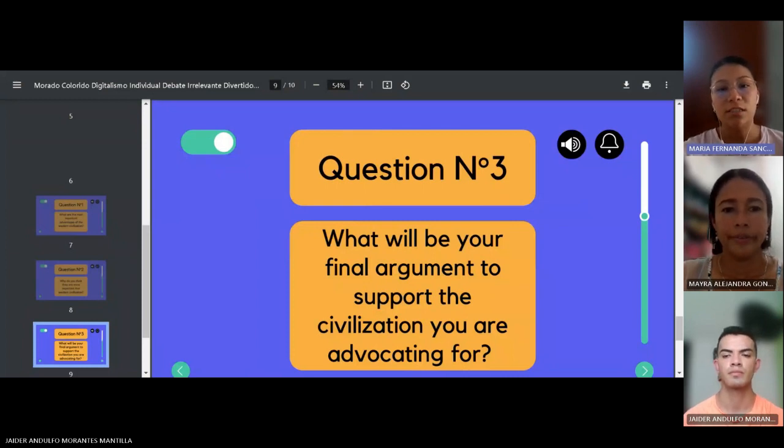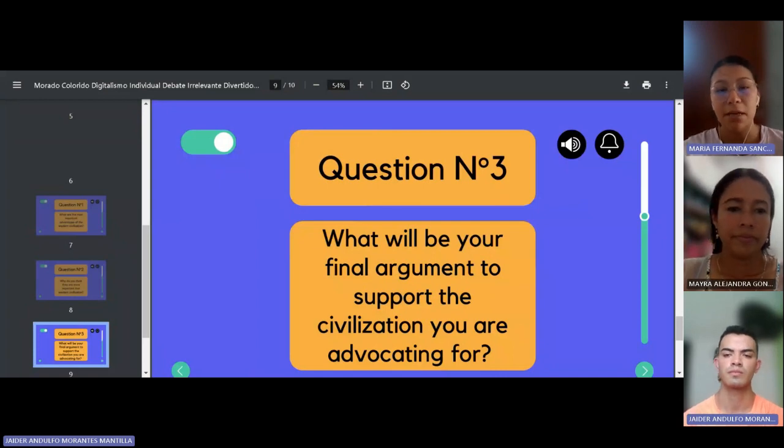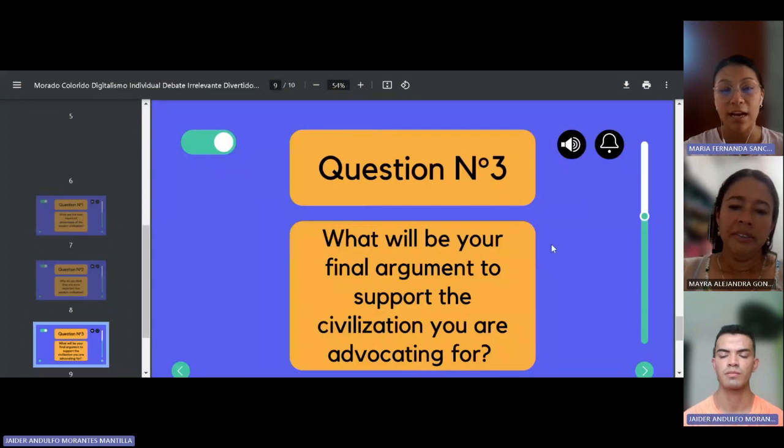The third one would be international cooperation. Western nations actively participate in international organizations like the United Nations, promoting peace, humanitarian aid, and global development. And the Western civilization's commitment to human rights and social progress has led to greater equality, social justice, and international cooperation, resulting in a more compassionate and inclusive global society.